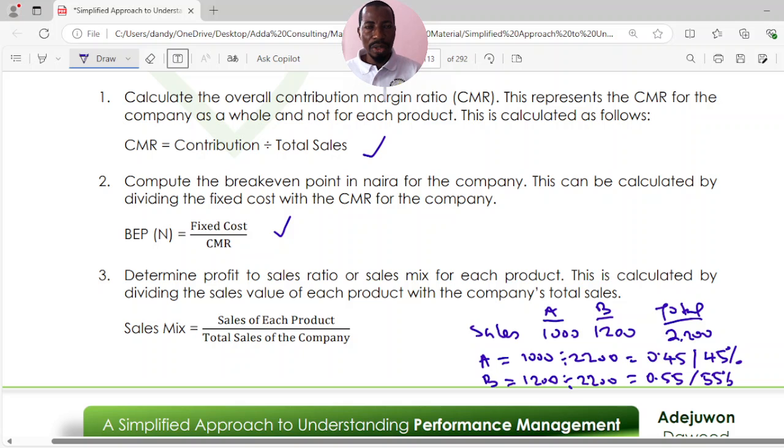So that will give you the break-even point in value for each product. And to get the break-even point in units for each product, just divide the break-even point in value by the selling price.